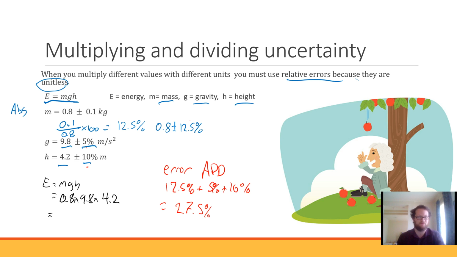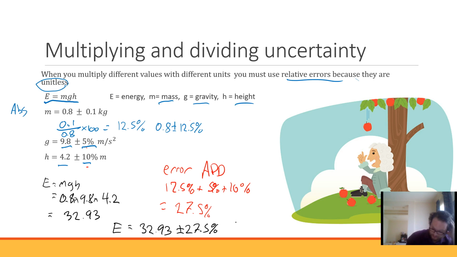I'm going to call that 32.93. So that means our final answer, the energy, is equal to 32.93 plus or minus 27.5%. Okay, and then we've got to put a unit at the end, so I'm going to go joules because it's energy.